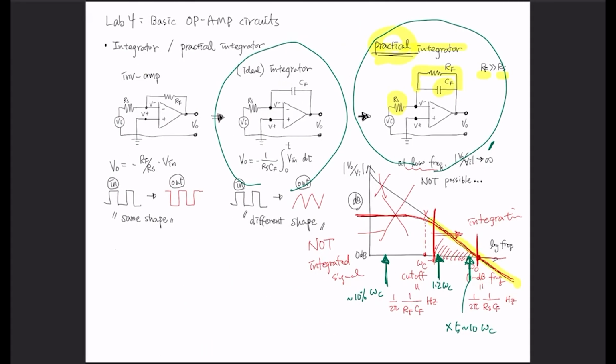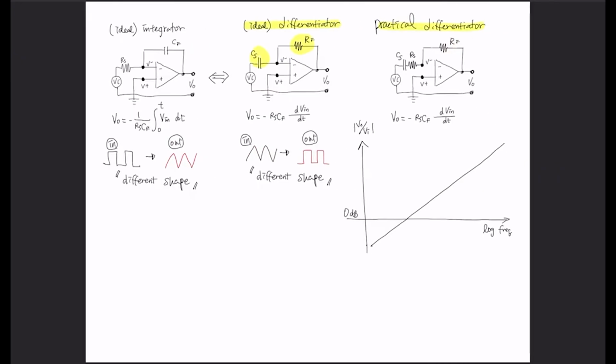For the inverting and non-inverting amplifiers, they are simply amplifying the signal, so we expect the shape to be the same. Square gives a square, sine gives something like a sine. But in the integrator and differentiator, we would like to change the shape. The square wave is going to be like a sawtooth, and a sawtooth, if you differentiate it, is going to look like a square wave.